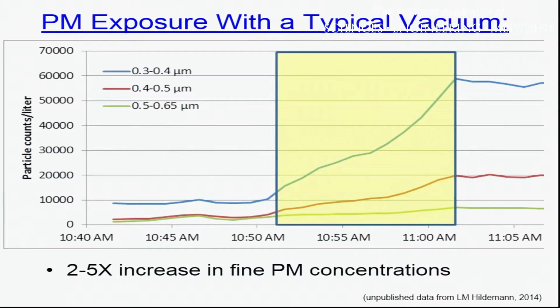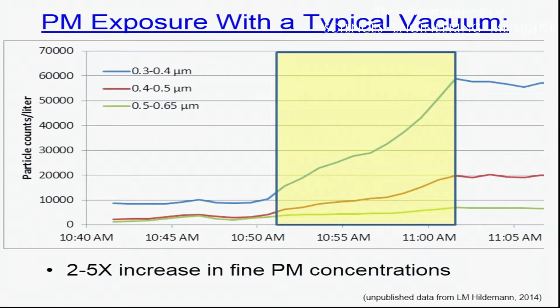Now, for house dust, since it's such a rich source of particles, even though I'll leave human activities alone, I did want to say a little more about vacuuming as a source of allergens. This plot shows what is fairly typical that you would see a person exposed to while using a vacuum.